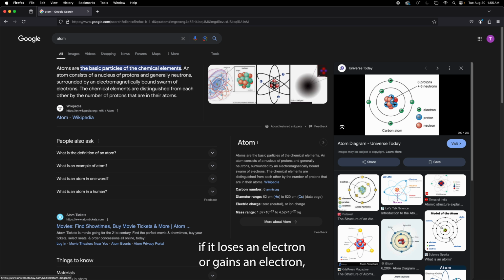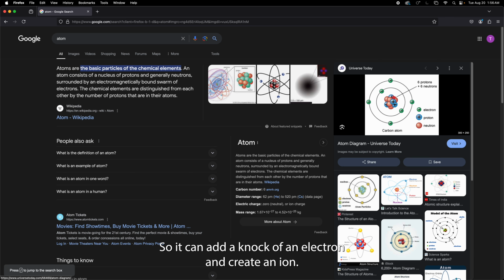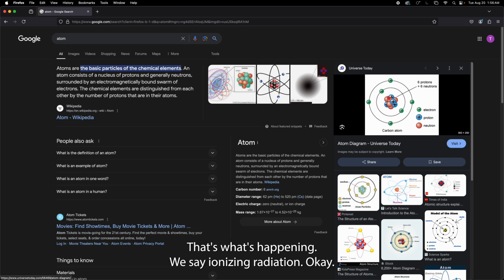And if it loses an electron or gains an electron, it now becomes an ion. A cation will be a positive ion, and an anion will be a negative ion, right? So that's what's happening. It can knock off an electron and create an ion. That's what's happening when we say ionizing radiation. Okay.